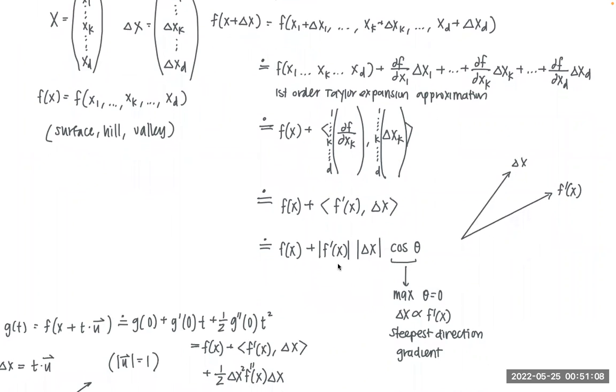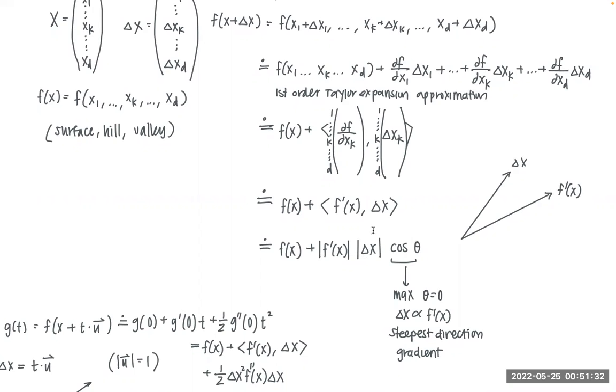And clearly, this value is maximized when theta equals 0. That is when delta x is along the direction of the gradient. Suppose we fix the length of delta x, the same length.